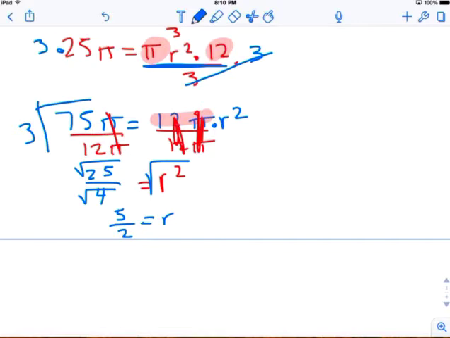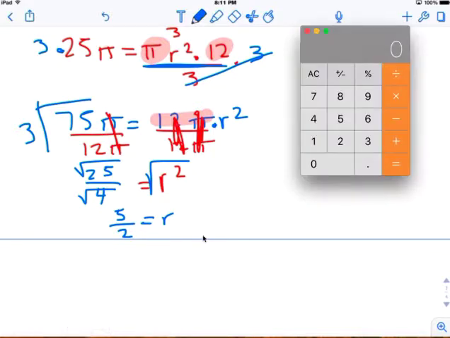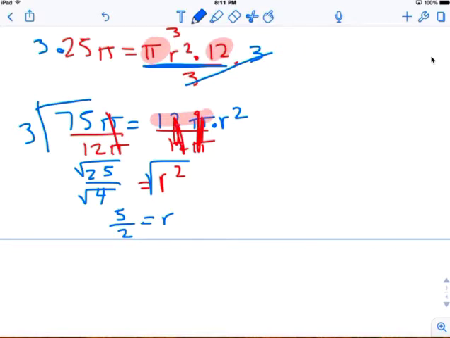So the radius is 2.5 exactly. 75 divided by 12 would have been easier that way to get 6.25, and the square root of that is 2.5. Yep. So the radius is 2.5.